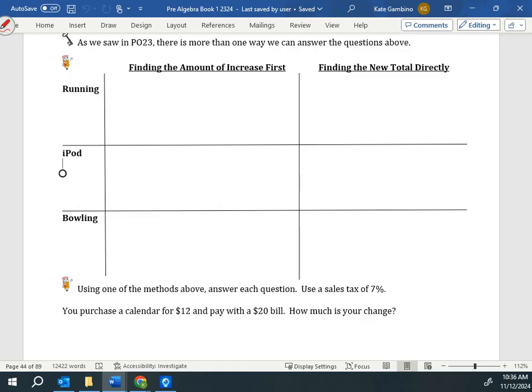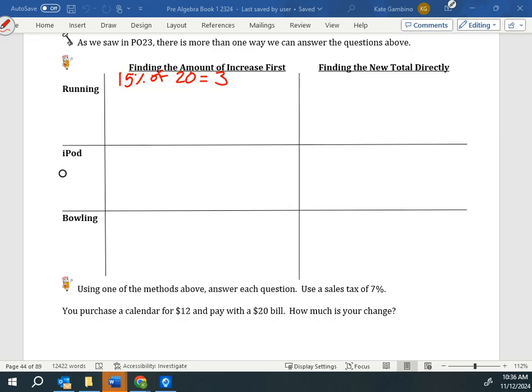So if we have 15% of 20, what would that be? What's 15% of 20? You guys know how to do this. We did this in our last objective. What is 15% of 20? LJ? 3.